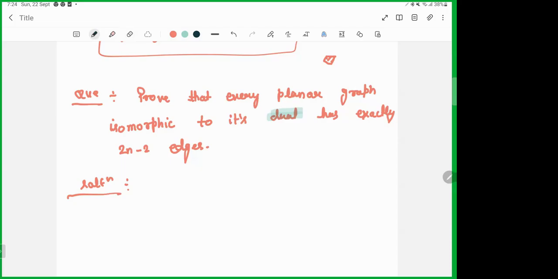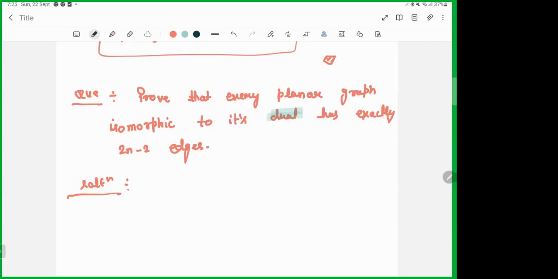Then between two vertices, you put an edge if these faces are separated by an edge. And when both sides of an edge are the same face, there is a self loop on the vertex corresponding to that face, right?